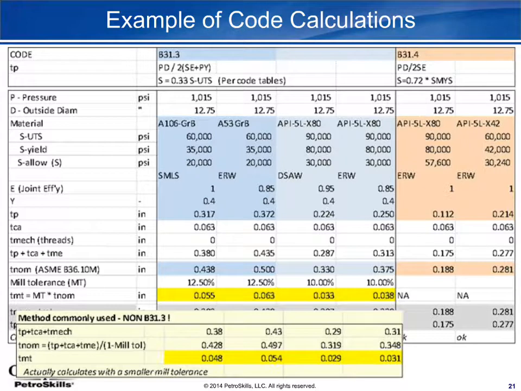When you compare what X80 is capable of in B31.4, take a look over in the red section. The joint efficiency goes from 0.95 to 1, and the whole calculation about mil tolerance just goes away. You can see that with API 5L X80, I can do that in 0.188 wall, very thin wall thickness.